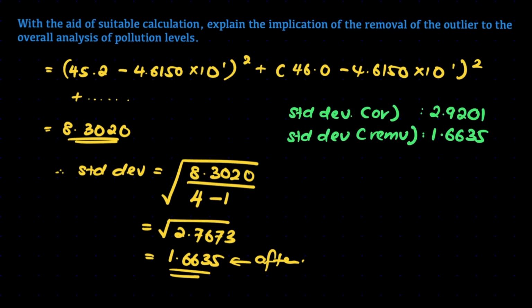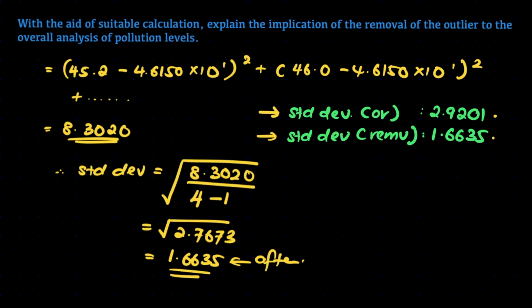If we refer back to our calculation, the standard deviation of the original data points is equivalent to 2.9201, and the standard deviation after removal of your outlier is equivalent to 1.6635.